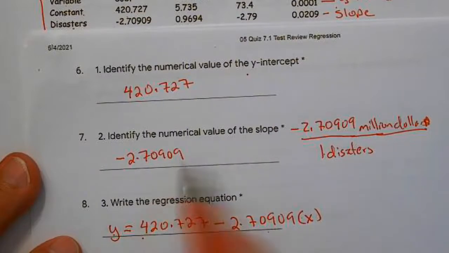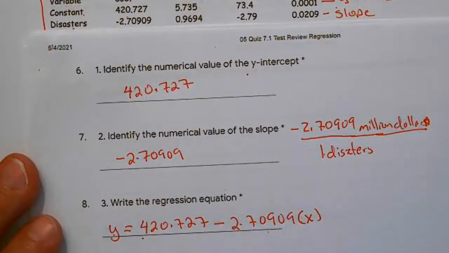This is my slope. It's always next to my X. Had this been a positive number, we would just put a plus sign there. Okay? But it should look something like this. Like I said, if this had been positive, we would have put a plus sign. But we have a negative slope, so we're using a negative.